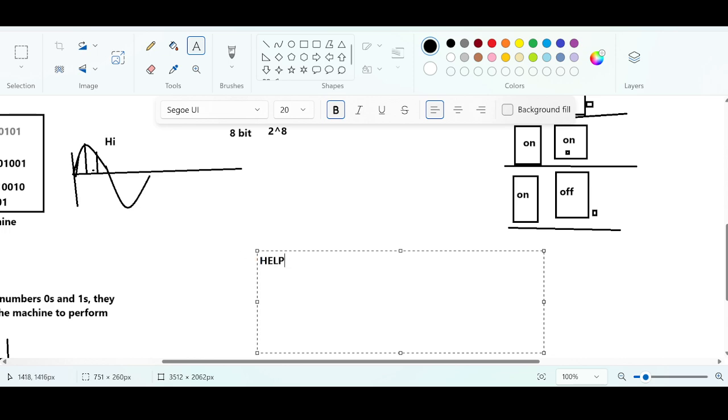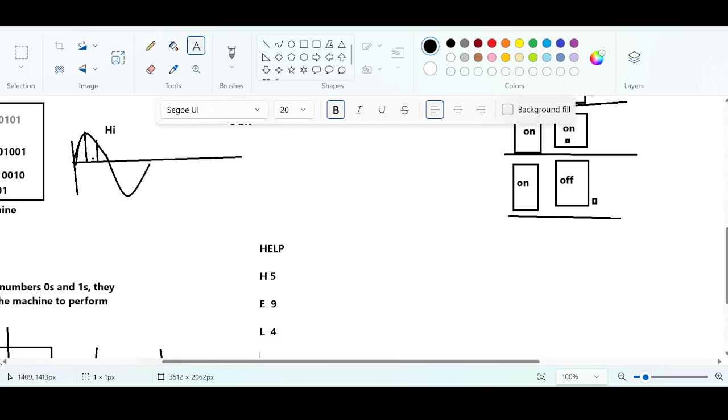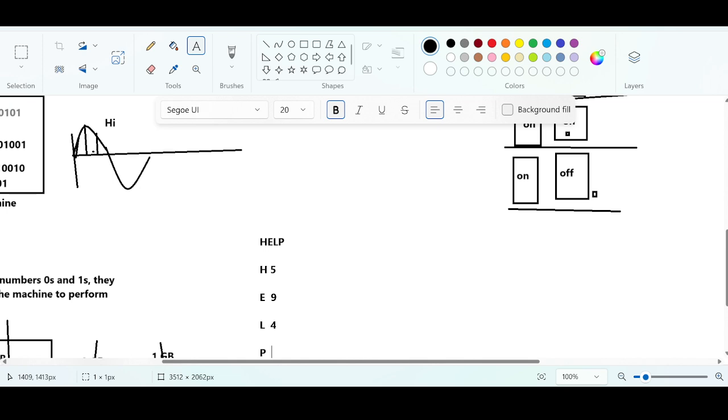It cannot be transmitted without a radio signal. So for H they assign a number, let us say 5. For E they assign a number like 9. For L a number like 4. Even for P a number like 6.